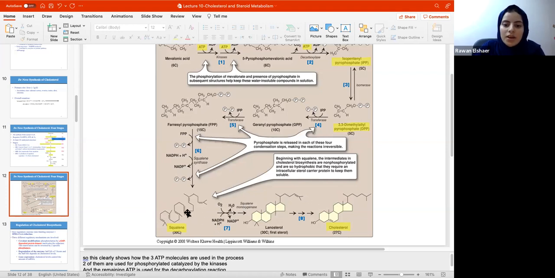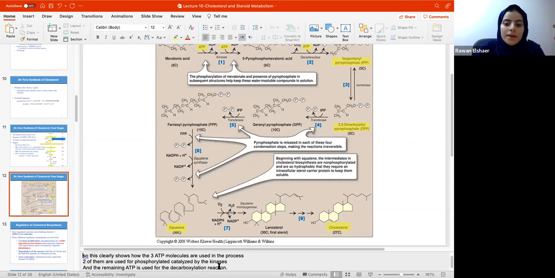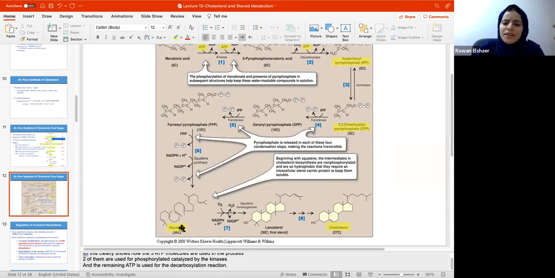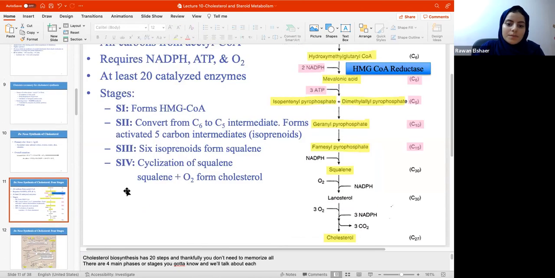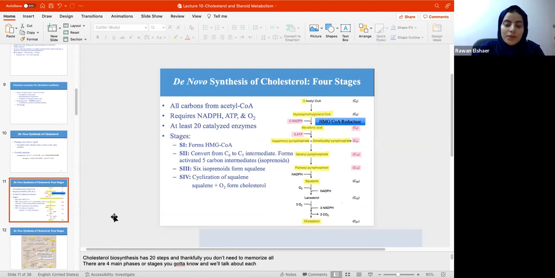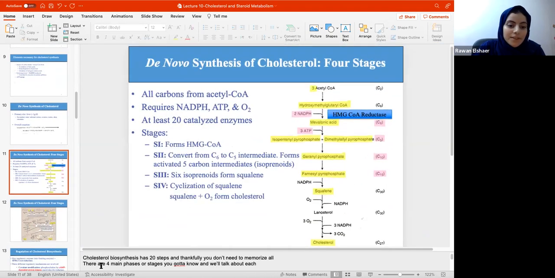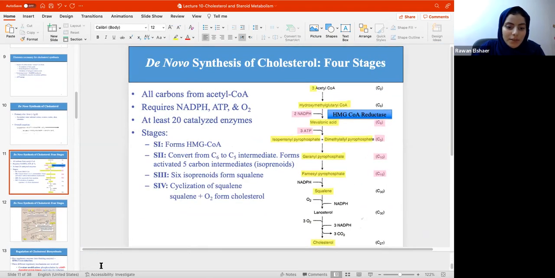I think there are about 20 catalyzed steps in between to form cholesterol from squalene. Obviously, we don't need to know it, and you won't need to know it for your exam. The only thing you need to know is that squalene becomes cyclized to form cholesterol. If there's anything you don't get, let me know.